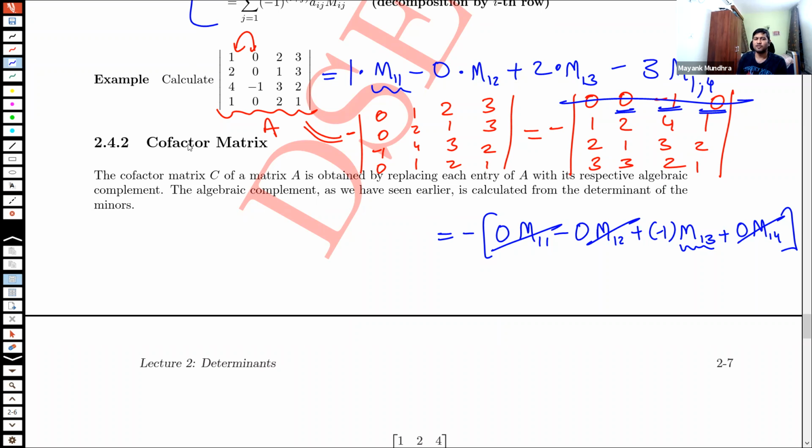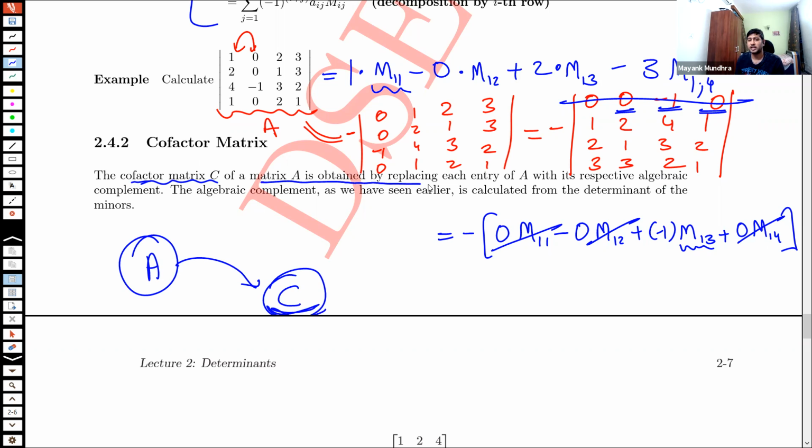Okay. The next is the cofactor matrix. The cofactor matrix of a matrix is a matrix which is derived from the original matrix. So there's a matrix A. It has a cofactor matrix C. Now, when does a matrix become the cofactor matrix? The cofactor matrix C of a matrix A is obtained by replacing each entry of A with its respective algebraic complement. Algebraic complement meaning the minors.